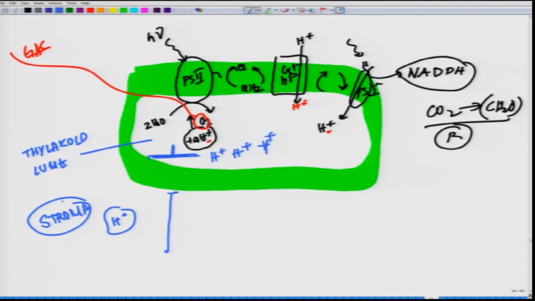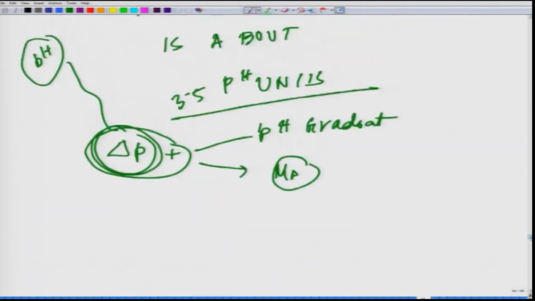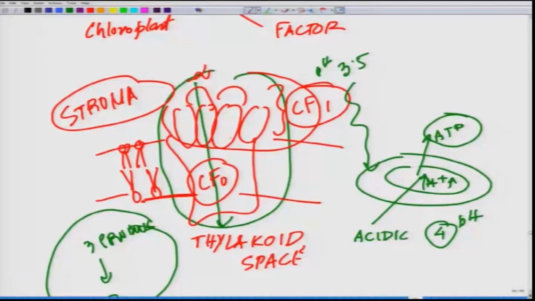Now, here sits that wonderful ATP synthase. Here is the knob outside, which I drew. If you remember the drawing I showed you earlier, there is a knob-like structure outside. So, this is that knob-like structure facing the stromal side.